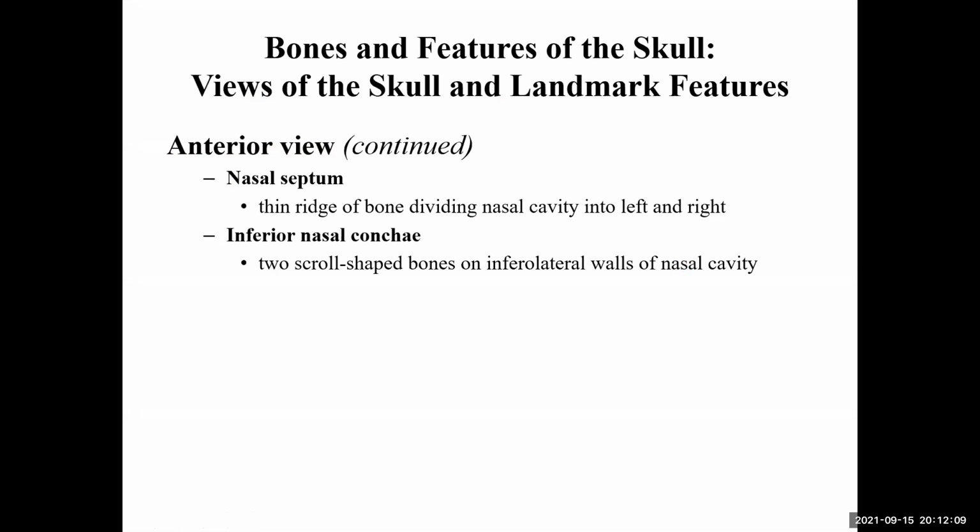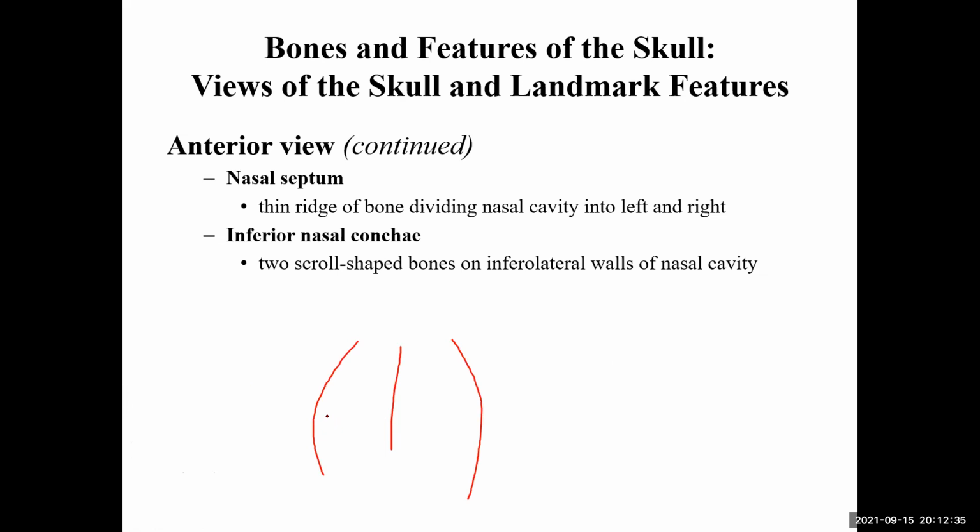We'll review that. Then also in the nasal cavity, you have these two bones that appear on the lateral walls of your nasal cavity, and they look like wrapped up scrolls. So here's your bony nasal septum. Here's one lateral boundary of the nasal cavity. Here's the other.